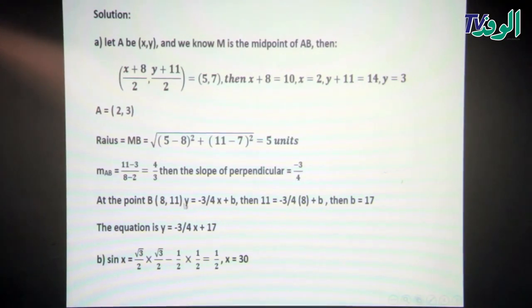Then replace y with 11 and x with 8 to evaluate and solve it for b. We can get b equal 17. Then the equation is y equal negative 3 over 4x plus 17.